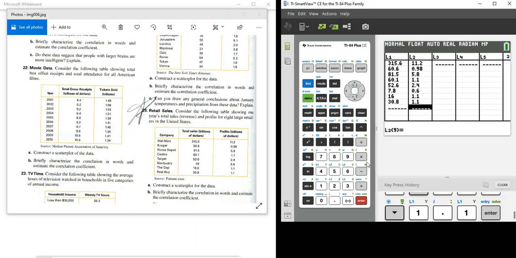Enter. All right, so again, hopefully we got these in correctly. And it looks good.